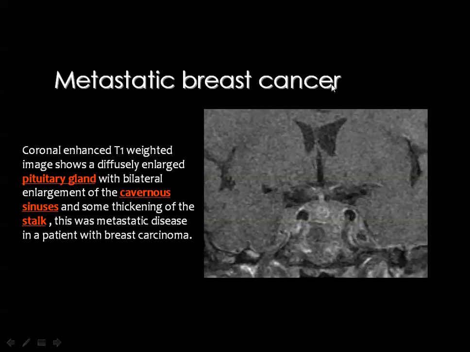This patient had a breast cancer, and there is a big mass in the region of the pituitary gland, mostly inferior to it, in the region of the sphenoid sinus, and there is a convex upper border of the pituitary gland with midline position of the infundibular stalk. There is evidence of extension into the cavernous sinuses bilaterally.